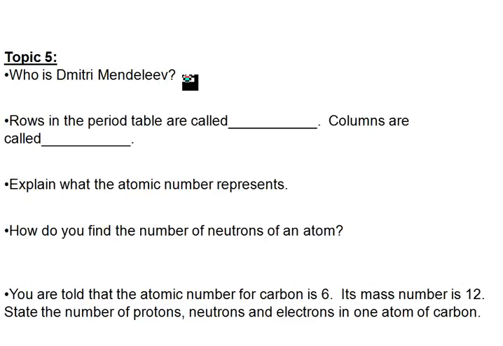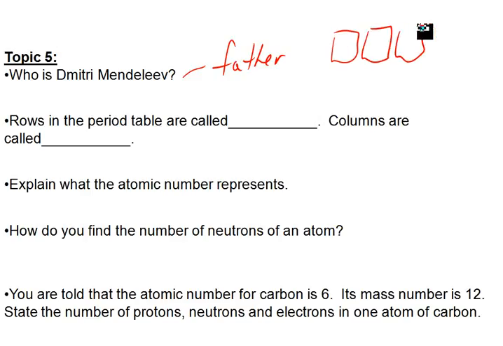Speaking of the periodic table, Dmitri Mendeleev is considered almost the father of the periodic table. He arranged the elements into a very ordered system based on the number of protons.